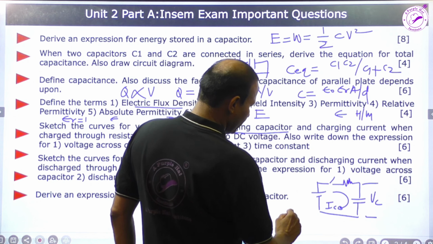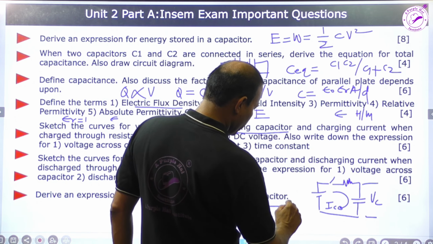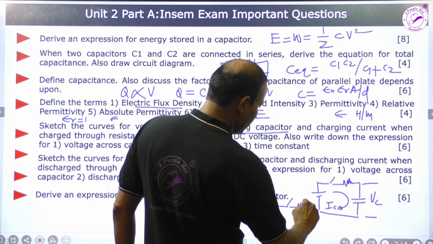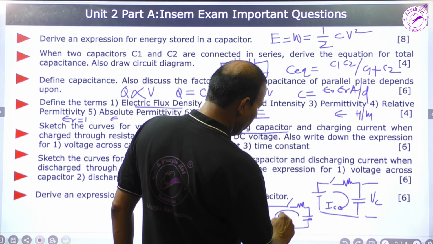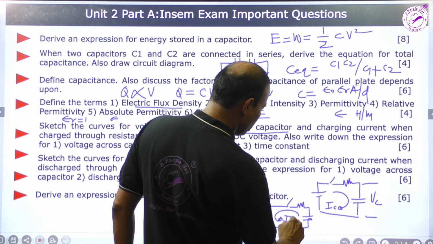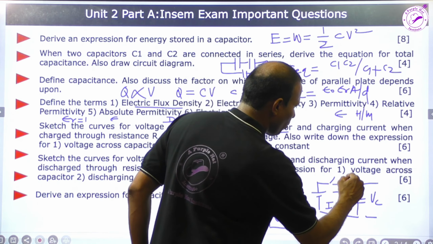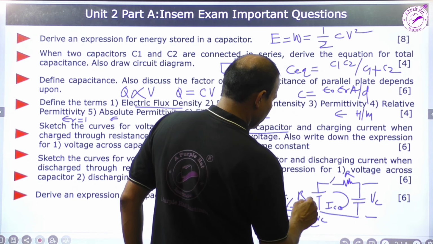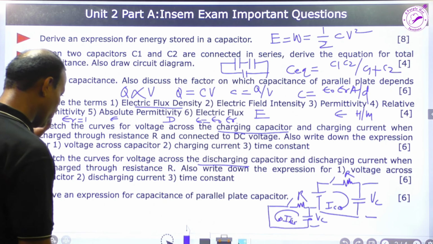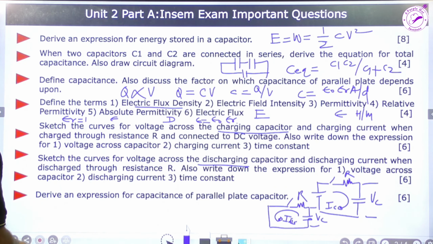Just consider the same circuit, remove the voltage source, and keep the switch, one resistor and one capacitor. From the discharging point of view, the discharging current will be exactly opposite. This is discharging of a capacitor through resistance. This is charging of a capacitor through resistance. So this is VC discharging, and the current is the discharging current.